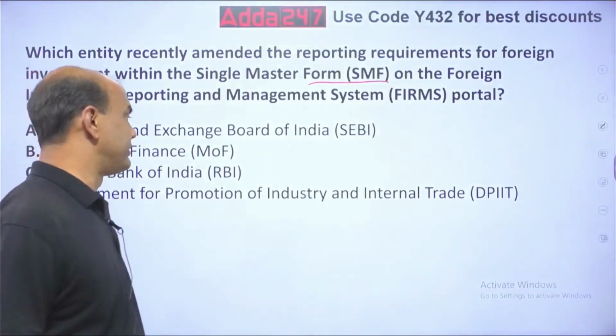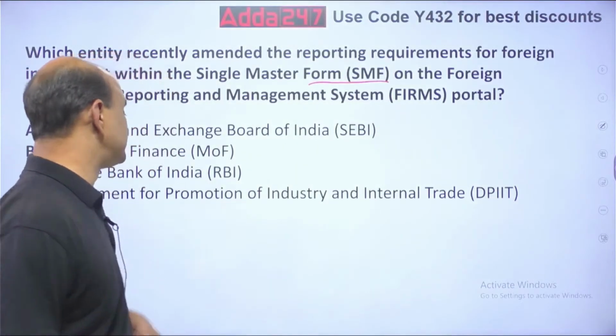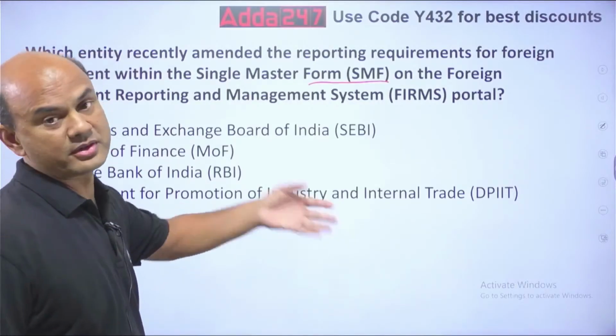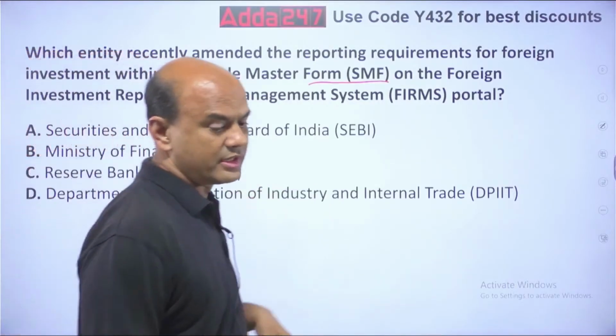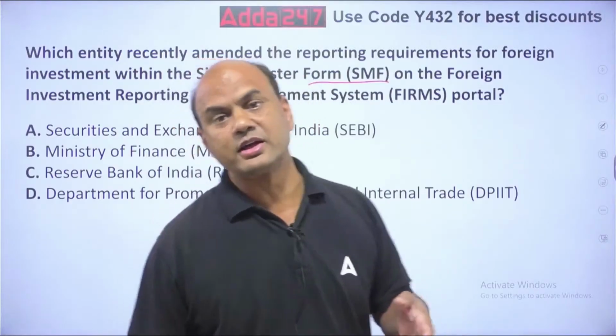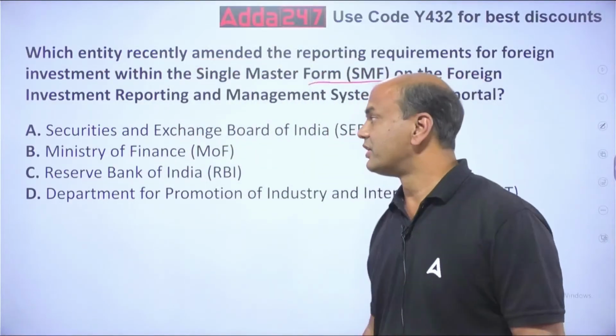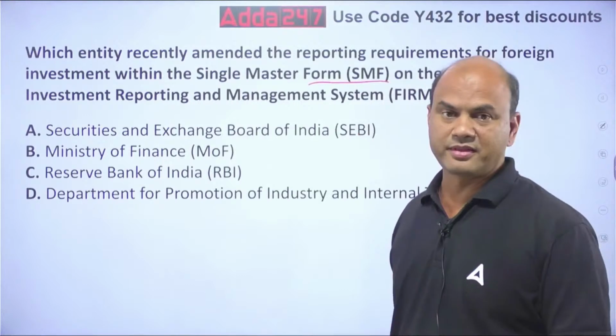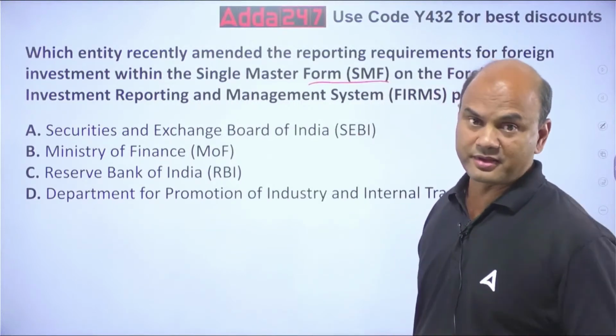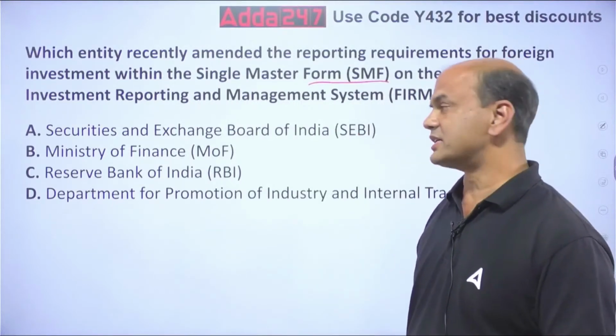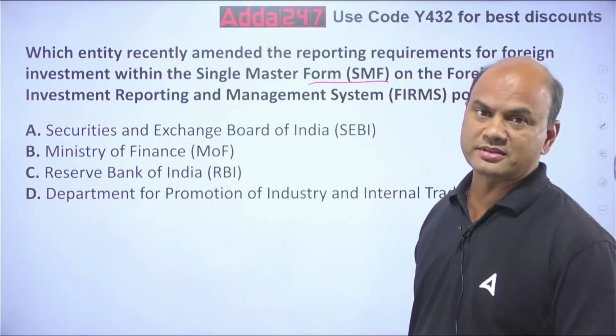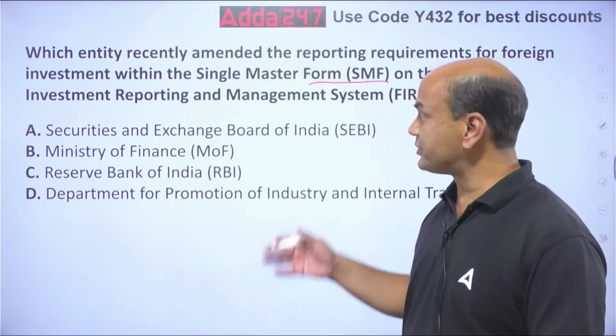Or is it industry and internal trade? Because after all, investment is related to industries. Or is it RBI? Because it's related to banking. What do you think should be the answer? All of them seem to be correct.